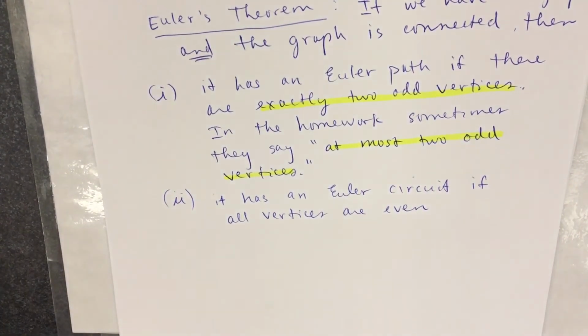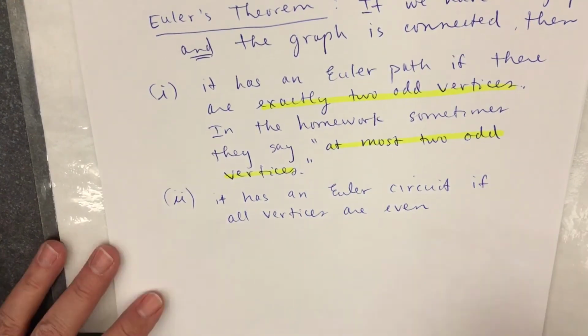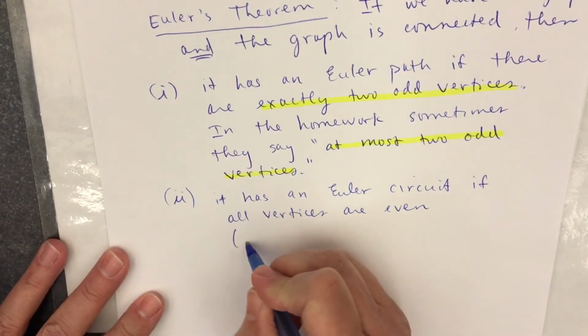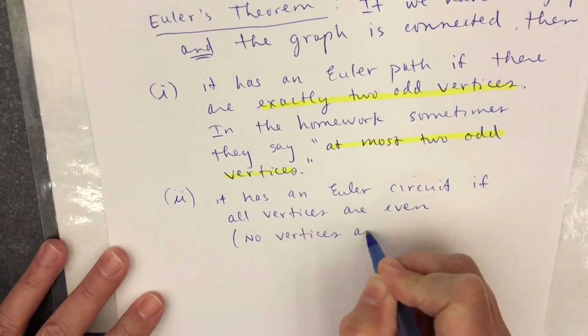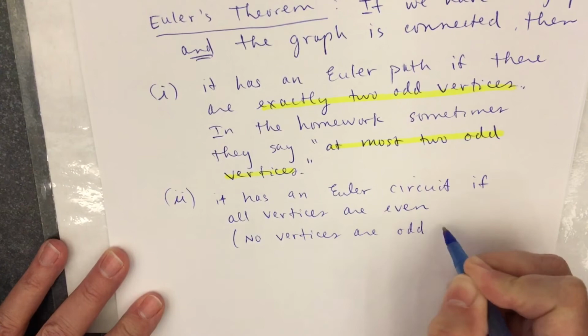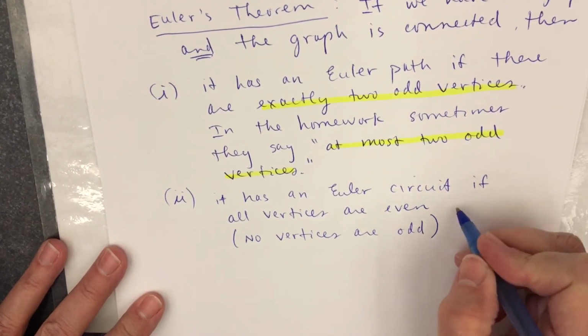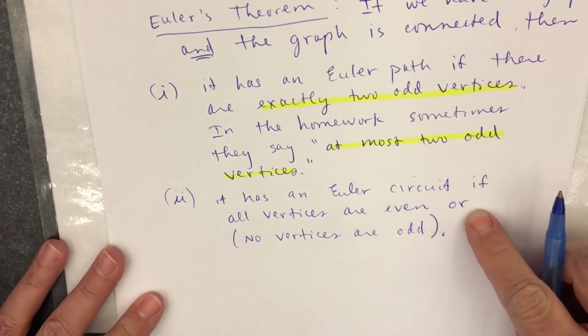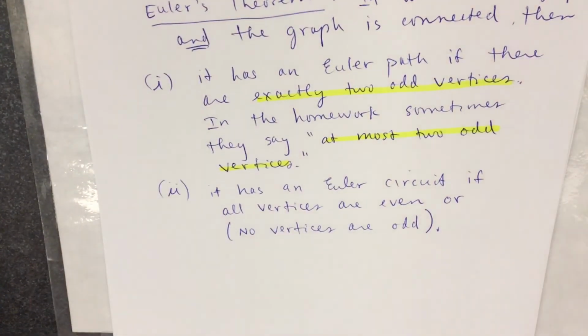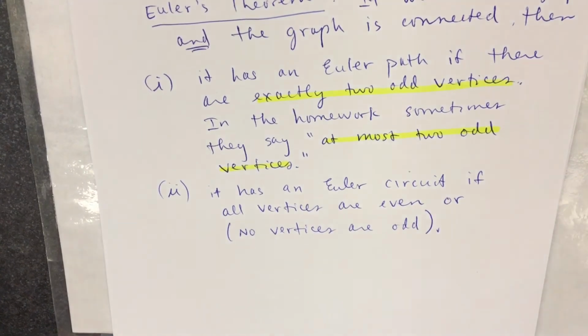Now, sometimes in the material they say this: no vertices are odd. I put it kind of in parentheses. I'll write the word or right there. I put it in parentheses just to kind of maybe have it stand out a little bit. All even vertices, no vertices are odd.